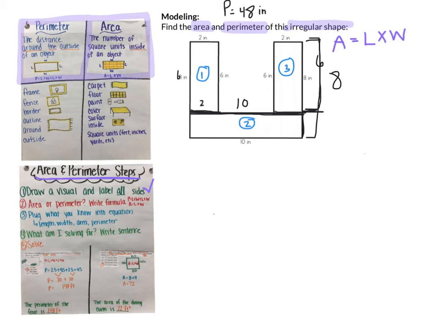I know the whole side length is 8, so now I just need to find this missing piece. So I can take my whole 8 and take away the one piece I know, 6, to find my missing part. So 8 minus 6 is 2. That tells us that this side length is 2. And now that I know that side length is 2, I know its opposite side length is also going to be 2 inches.